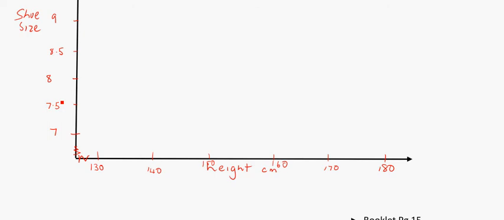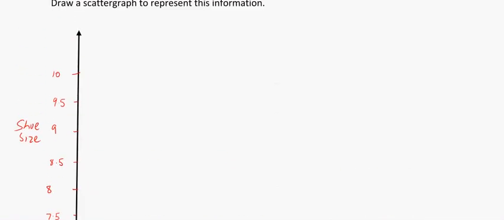Okay, so we're now ready. Well, we should give it a title and move it up. I seem to have trouble doing this. And we'll put a title and we'll go height and shoe size. And we're ready to plot our points.